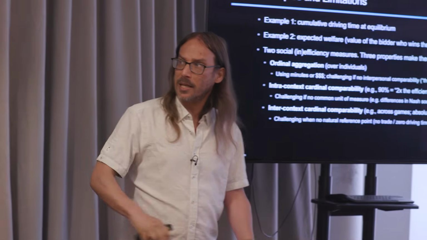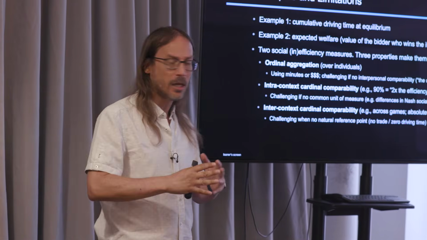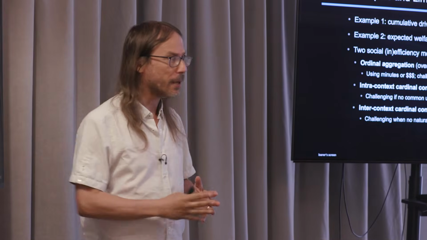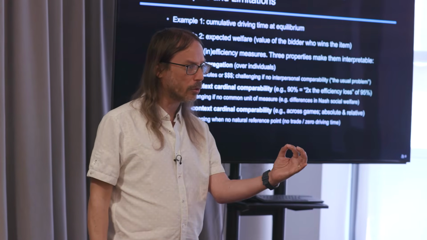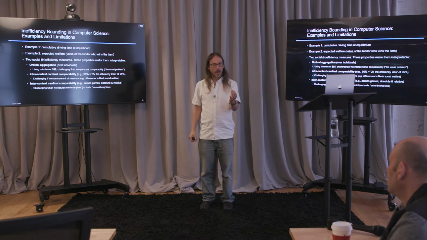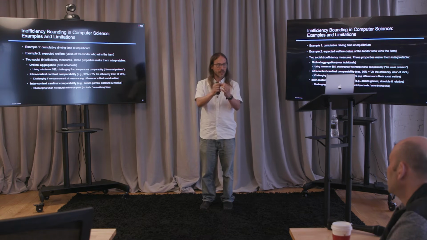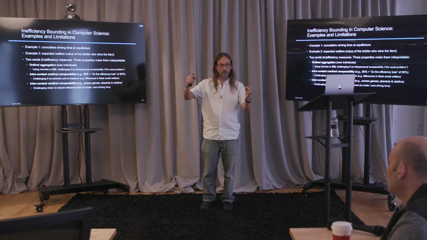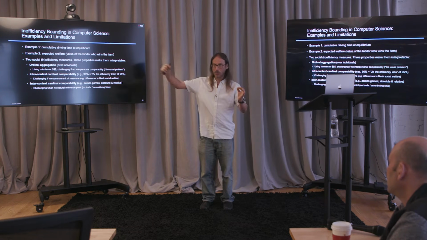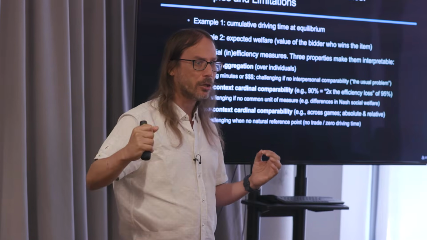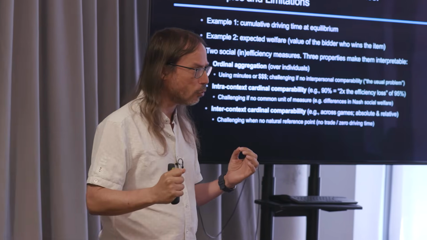This essentially says that in every congestion game, if you take instantaneous arrival as 0, and you take the optimal cumulative driving time, and you take the difference between these two, and then you take the difference between instantaneous arrival and equilibrium, the latter is no more than 4/3 of the former.